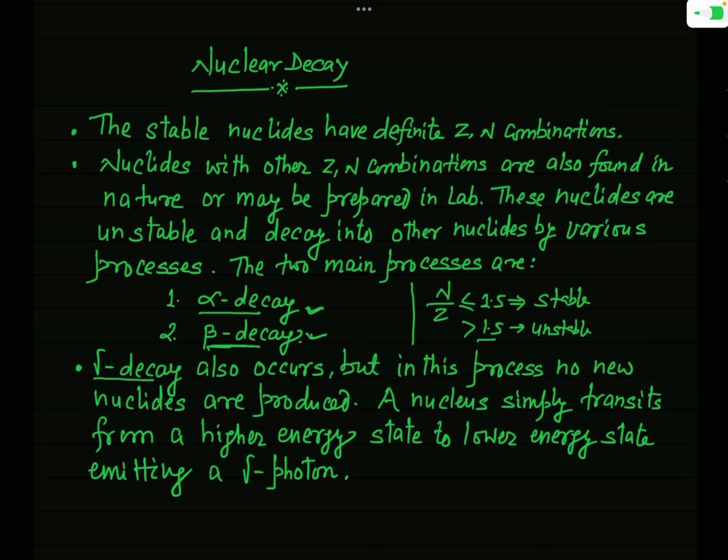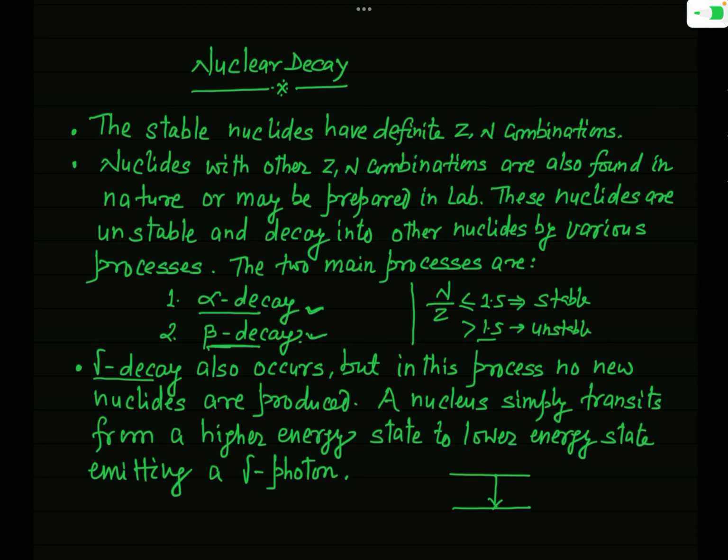So if due to the alpha decay process or the beta decay process a nucleus is obtained in an excited state, then this nucleus in the excited state is unstable and it transits into a lower energy state. Let us see here.